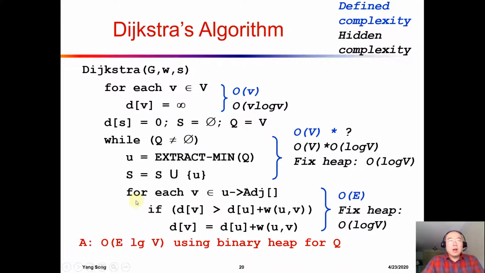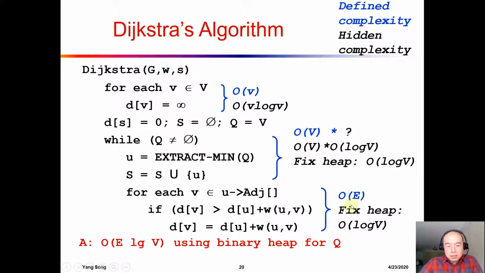However, we are only visiting each edge once. That's a big difference, right? For the BF algorithm, we are visiting each of the edges V minus 1 times. However, in Dijkstra's algorithm, we only visit each of the edges once. So that is O(E), because we are only visiting all the edges.